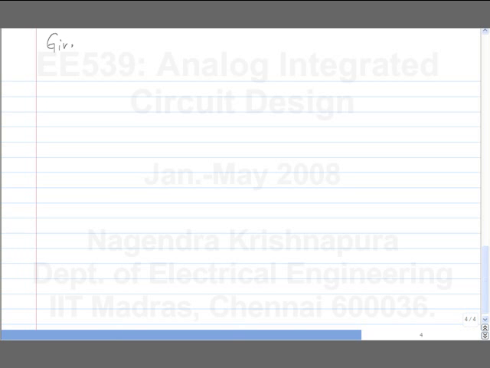So given inputs V1 and V2, we can define V difference to be V1 minus V2, and the common mode or the average voltage to be V1 plus V2 by 2. Okay. Now we can rewrite V1 and V2 in terms of these two quantities.